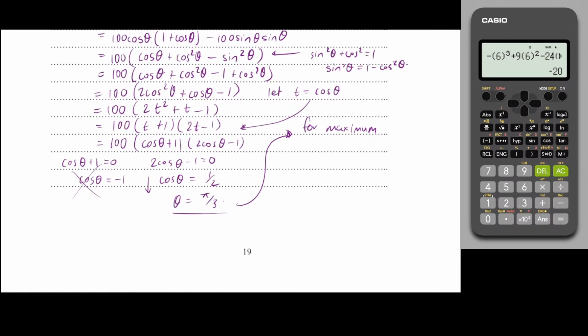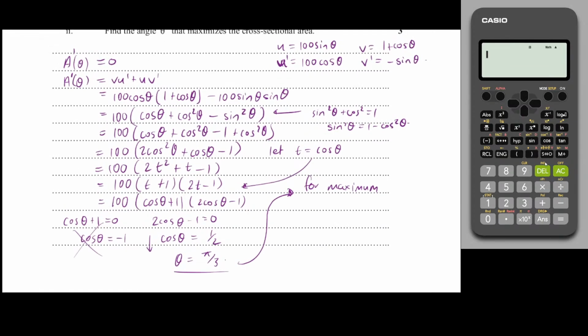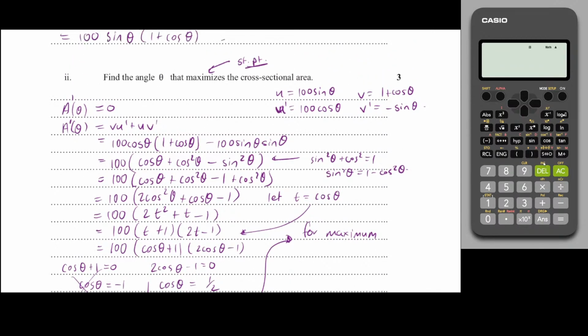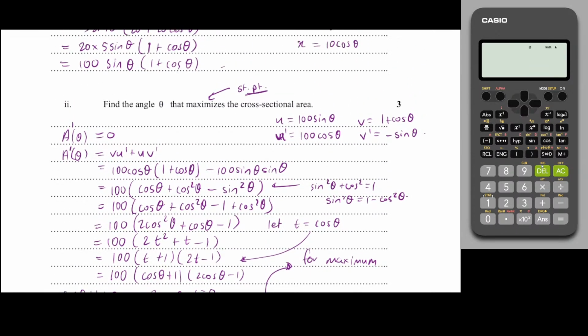So what's close to pi on 3? Pi on 3 is the same as 4 pi on 12, so let's go 3 pi on 12 and 5 pi on 12. I want to substitute that into the first derivative.